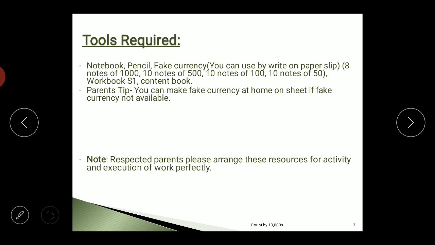It is for your help and your parents': 8 notes of 1000, 10 notes of 500, 10 notes of 100 and 10 notes of 50, the workbook S1 and the content book. Respected parents, please arrange these resources for the activity and execution of the work. So let's start.